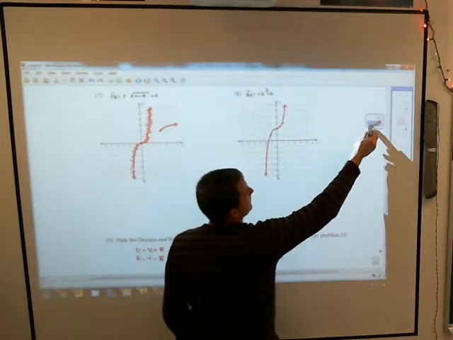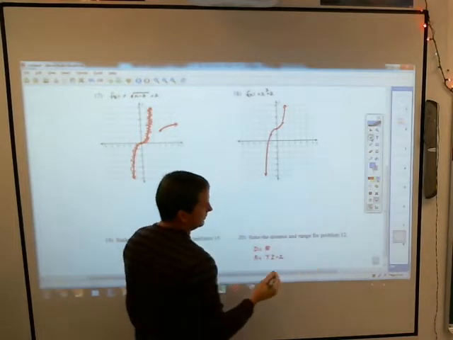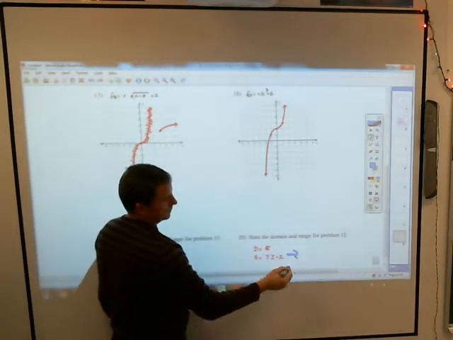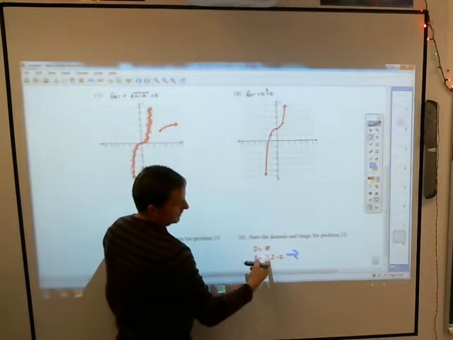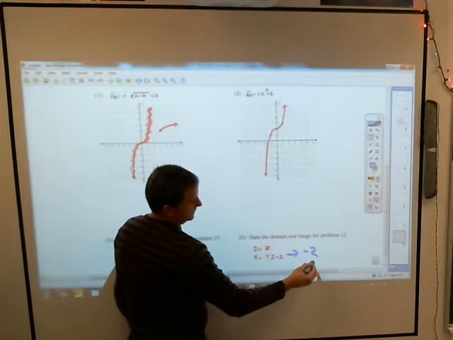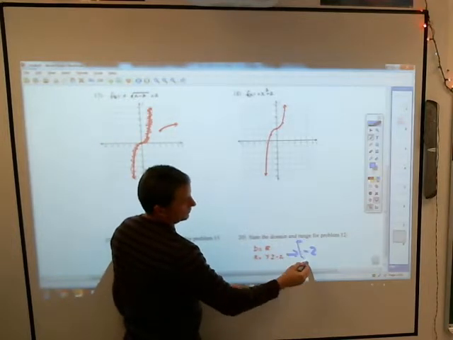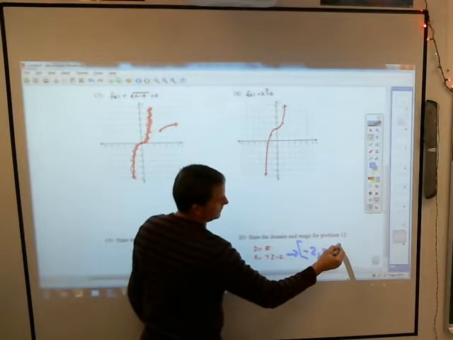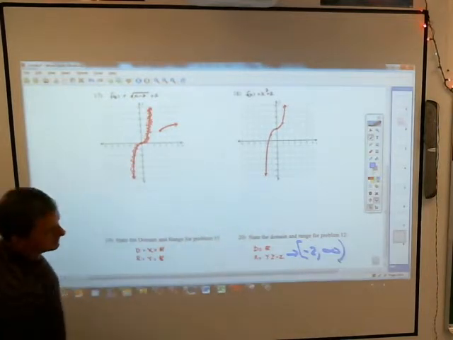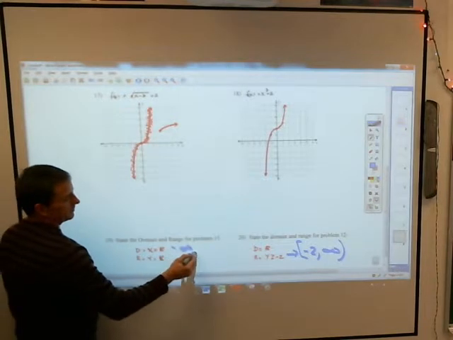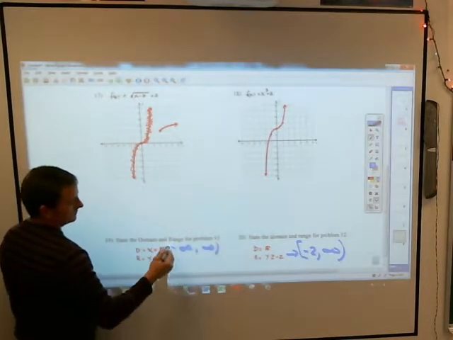The smallest y is ever going to be is -2, so that goes on this side, and it's equal to it, so you put that bracket. It's going to positive infinity, and that's always a parenthesis. All the rest of them are negative infinities to positive infinities.